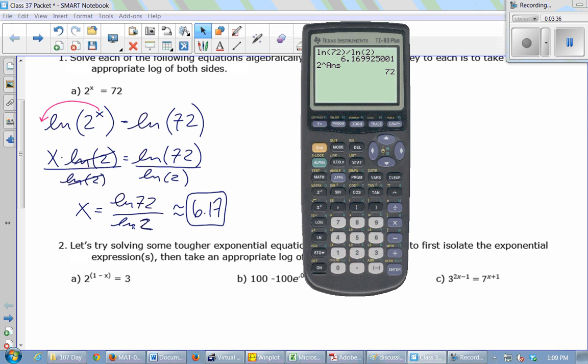The second negative sign, ANS, yep. The other thing you can do that's really handy is store a number. So I'm going to pull up ln 72 over ln 2, get my decimal.